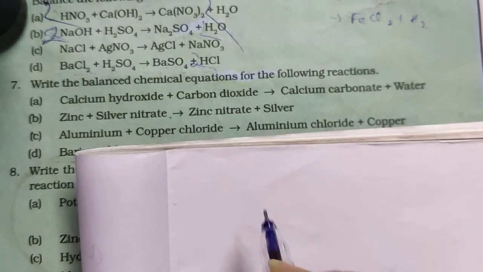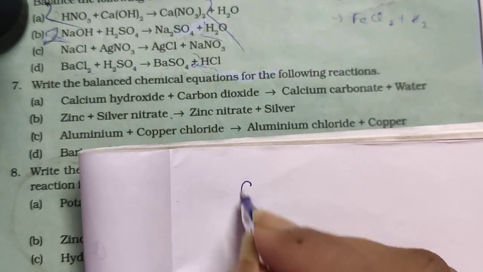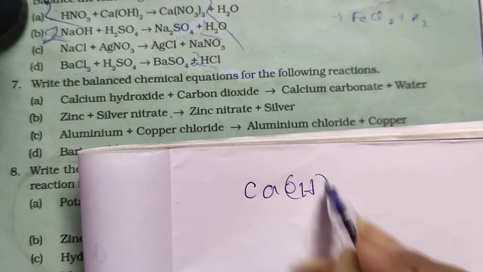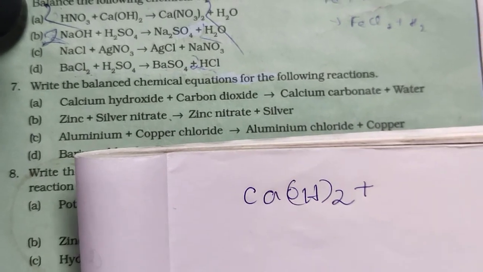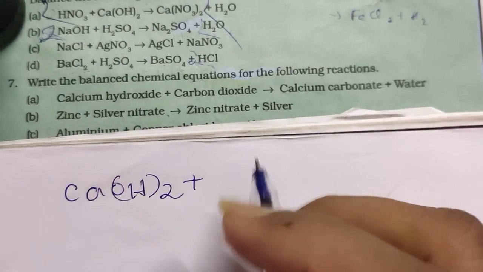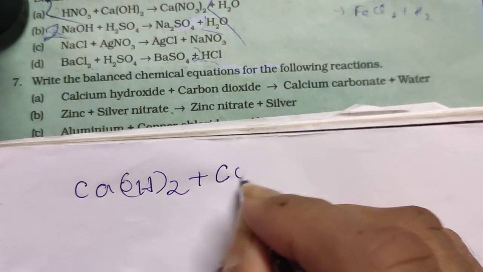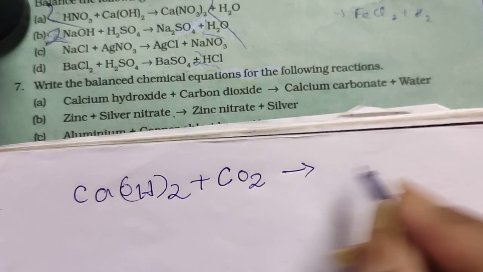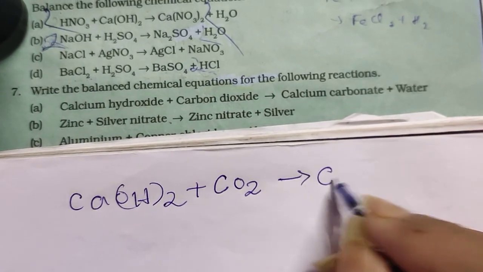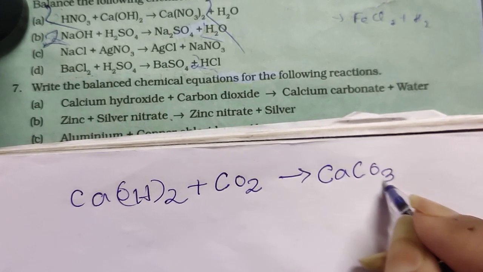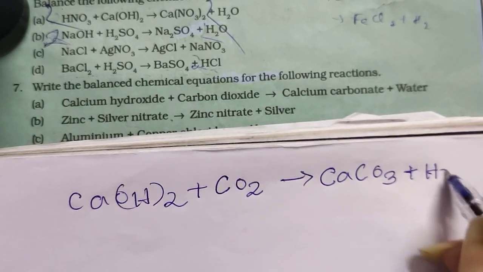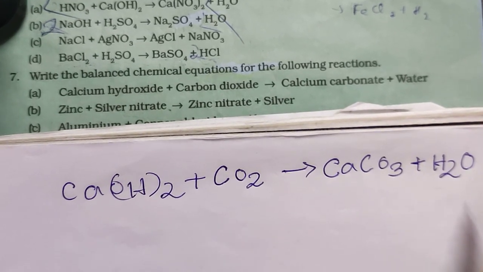The chemical symbol for calcium hydroxide is Ca(OH)2, plus carbon dioxide CO2, which will form calcium carbonate. The symbol for calcium carbonate is CaCO3, plus water. The symbol for water is H2O.